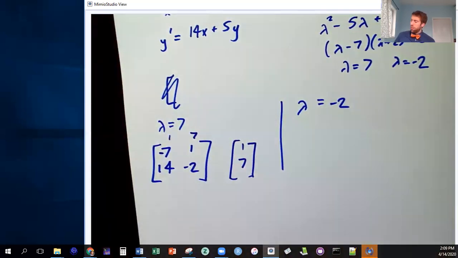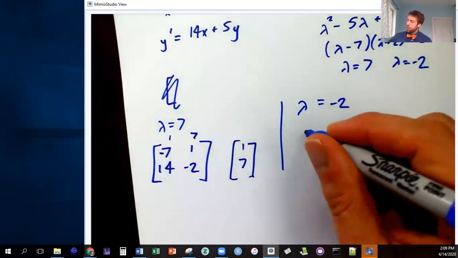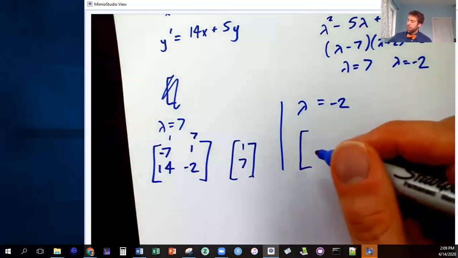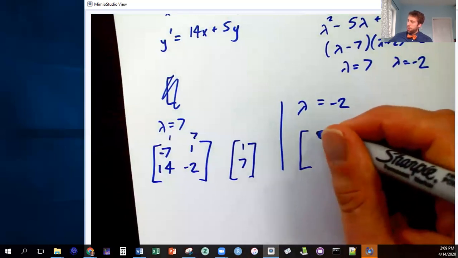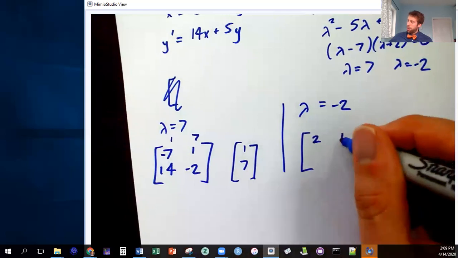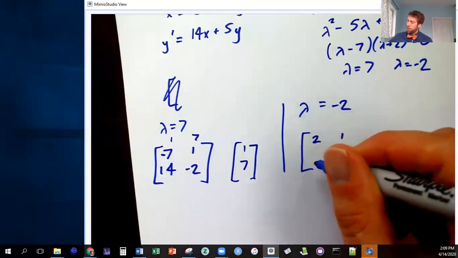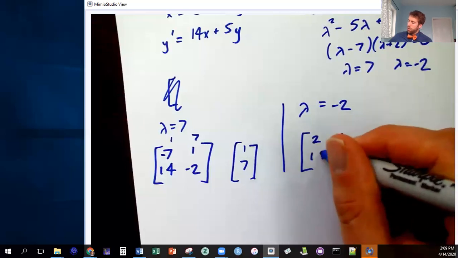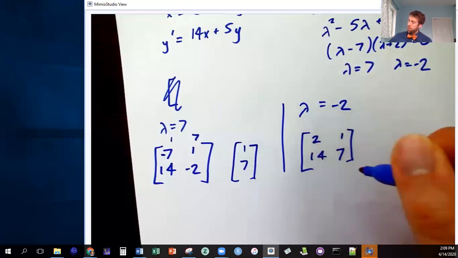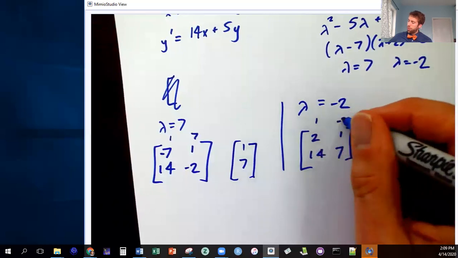And then here, I've got negative 2, so subtracting negative 2 gives me positive 2, and 1, and 14. And then 5 minus negative 2 is 7. So some good Kyle numbers with 1 and negative 2.